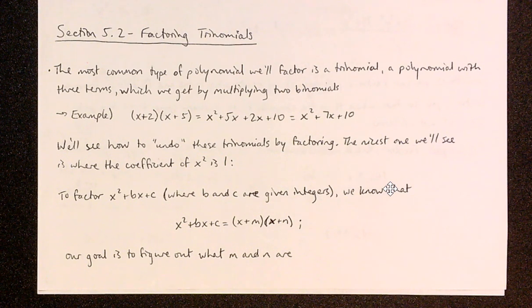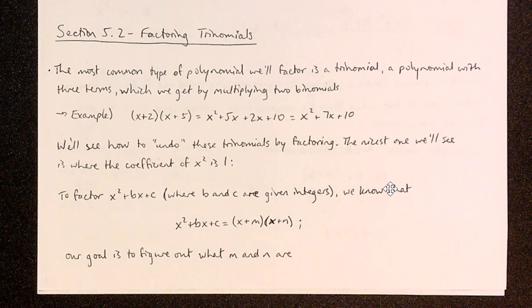We're going to talk about factoring trinomials. A trinomial is a polynomial with three terms. And when we factor a trinomial, we get two binomials. So you multiply two binomials typically, and you get a trinomial.